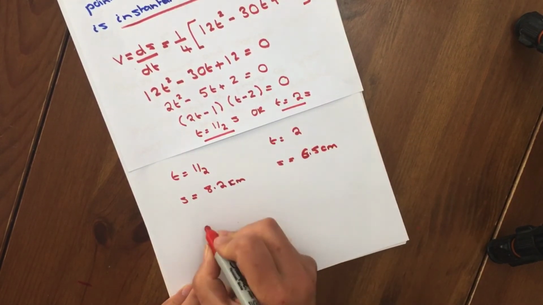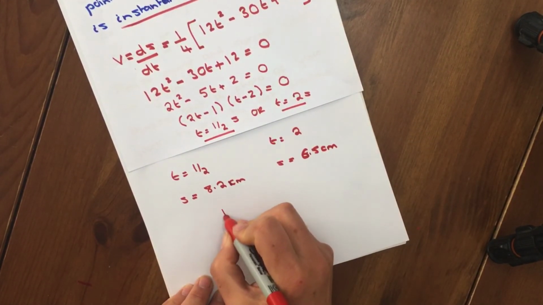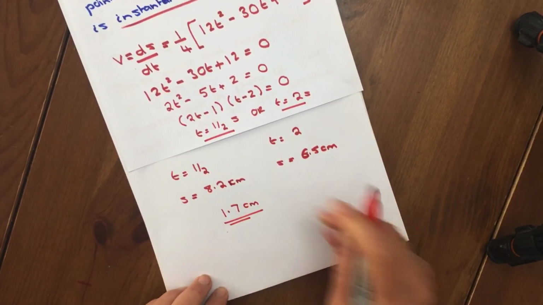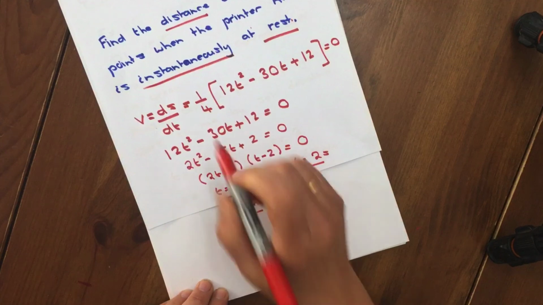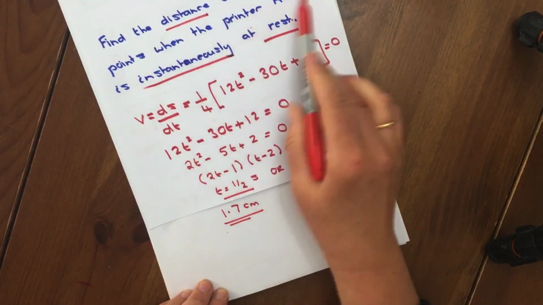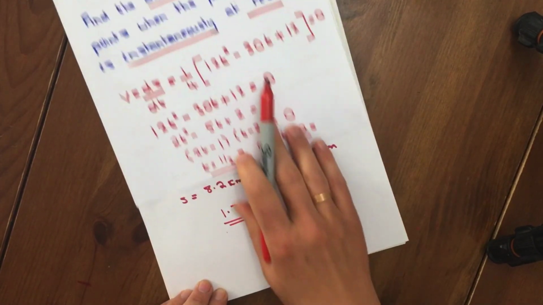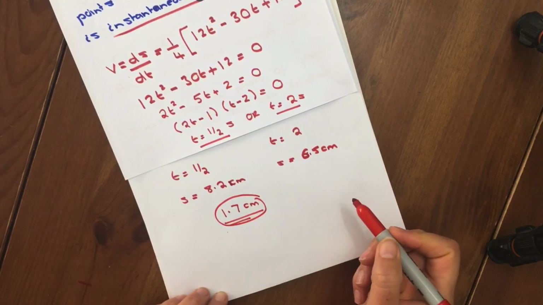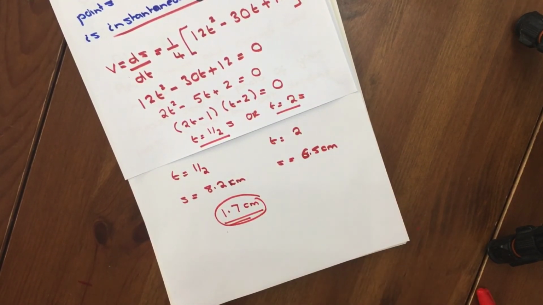Okay, if I subtract those two, I will get 1.7 centimetres. So the distance between the points when the printer head is instantaneously at rest will be 1.7 centimetres. Okay, well that's all my teaching now for 11B.